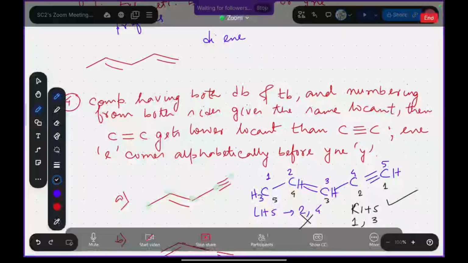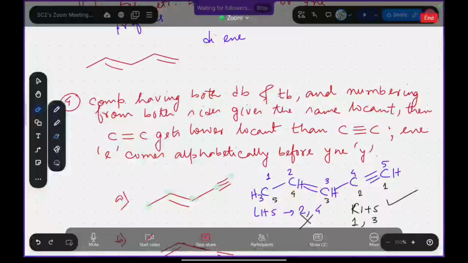If from both the sides the locants are same, in such cases the double bond is given less number and the triple bond is given the higher number. But here in this example, the numbering is not the same. From left hand side it is 2 and 4 and from the right hand side it is 1 and 3. So right hand side gives you the lower locant. So right hand side is the correct numbering and left hand side is the wrong numbering.